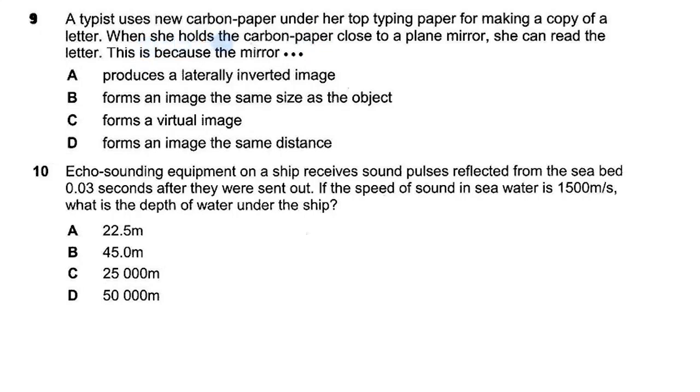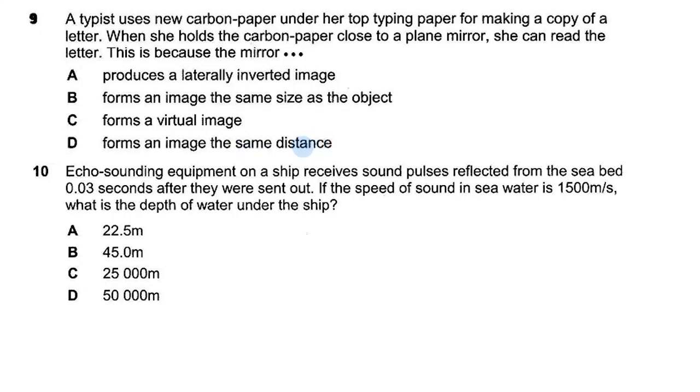So when she holds the carbon paper close to a plain mirror, she can read the letter. This is because the plain mirror produces a laterally inverted image, forms an image the same size as the object, forms a virtual image, at the same distance.